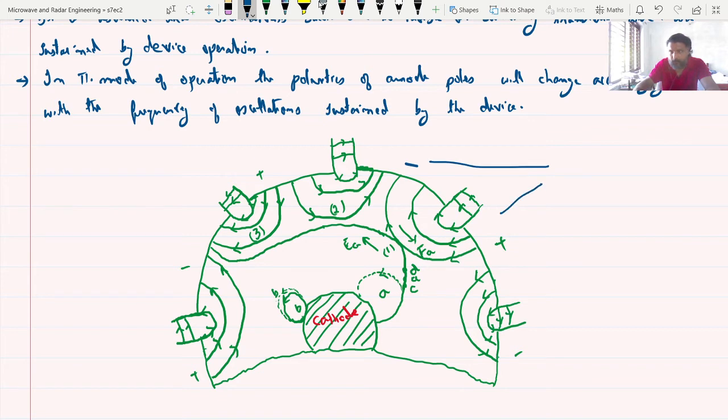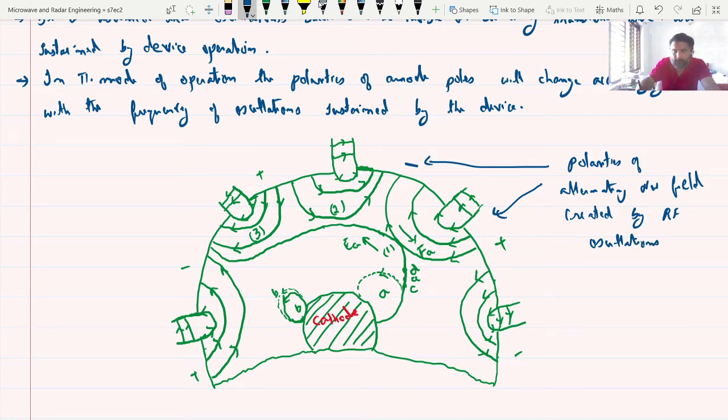So these are what you call polarities, which we have already indicated in the previous case also. Polarities of the alternating microwave field created by the RF oscillation.